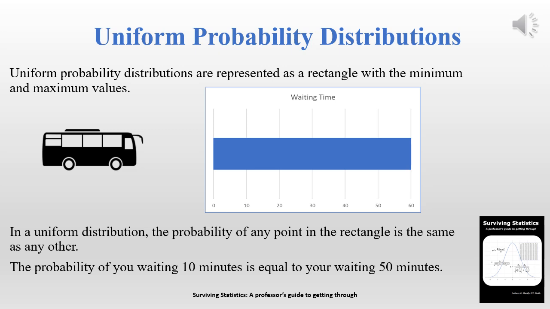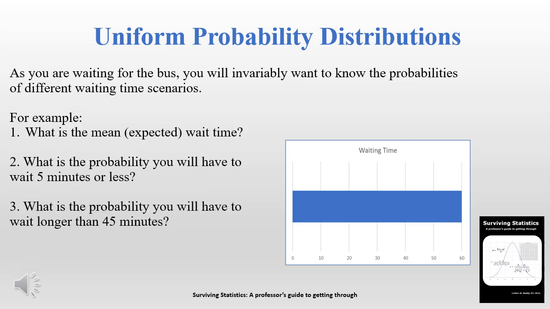The probability of you waiting 10 minutes is equal to the probability of you waiting 50 minutes or even 60 minutes. If you're sitting at this bus stop and there's no bus, you're going to want to know a few things. Perhaps what is the expected wait time, in other words, what is the mean? What is the probability you're going to have to wait 5 minutes or less? What's the probability that you're going to have to wait 45 minutes or longer? And if that's the case, you probably want to call an Uber.